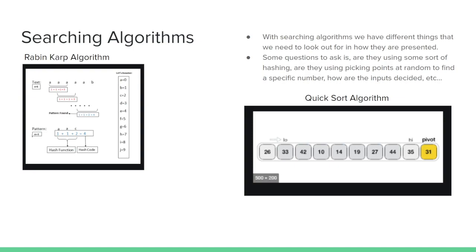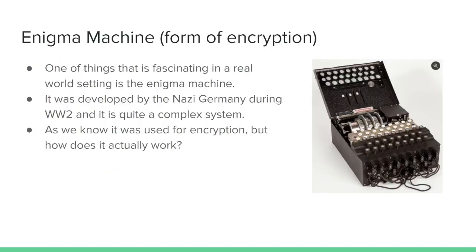When you go into a website and click Control F and type in the word that you want, it's creating a hash function for that so that we can store the hash code, and then it's going through each of those words on the page to find the specific hash code, so that it can highlight it for you and tell you where to go. So those are basically the 3 different forms of it.